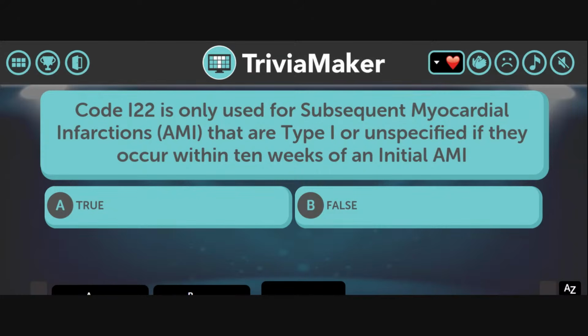I'll still give you guys a few more seconds. I see some people putting false. If you want to go the extra mile, let me know what specifically makes this one false.